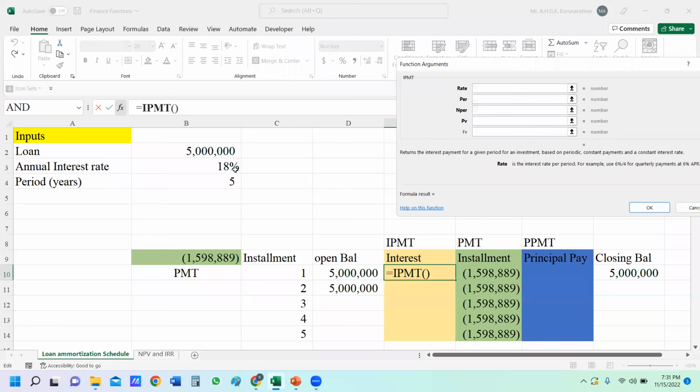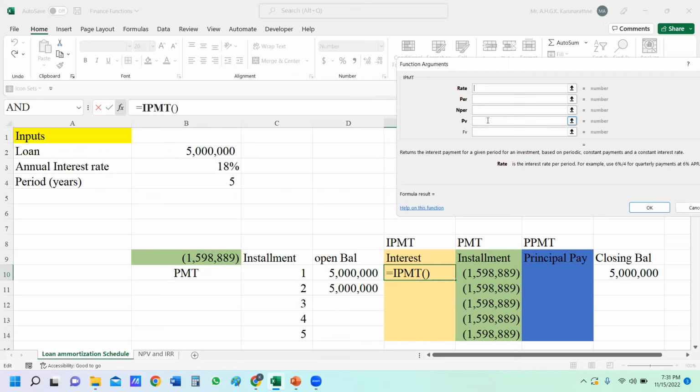When it comes to computing IPMT and PPMT, it is very important that all these values should be typed as absolute values.